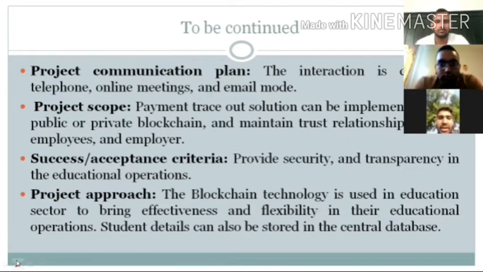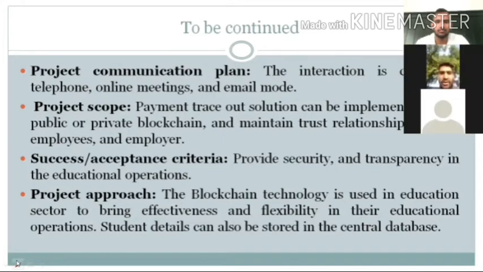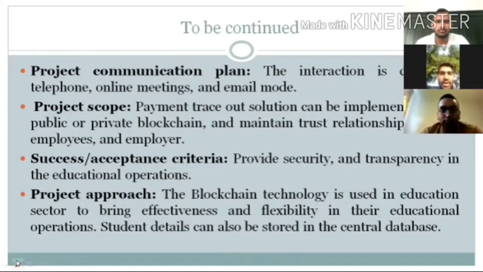Thank you, Harvinder. My name is Robin Kumar, and I will continue from here. The first one is the project communication plan. The interaction is done via telephone, online meeting, and email. After that is the project scope, in which a payment trace-out solution can be implemented using public or private blockchain and maintain a trust relationship between employee and employer.